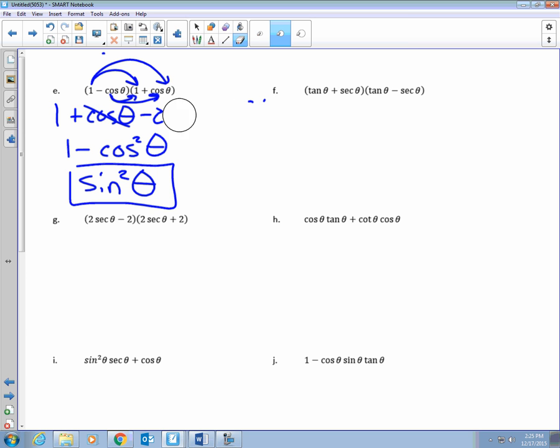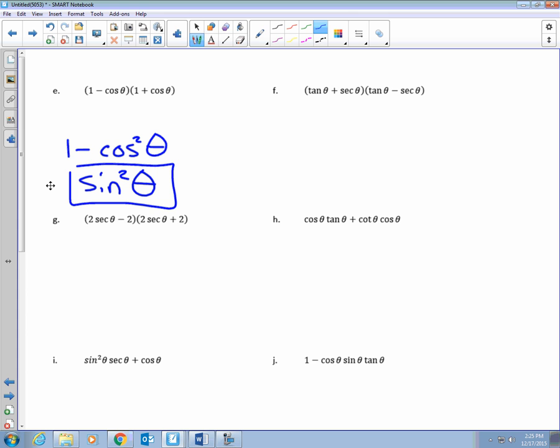What should I do? Distribute. Tan times tan, tangent squared. Tangent times negative secant, negative tangent secant, right?